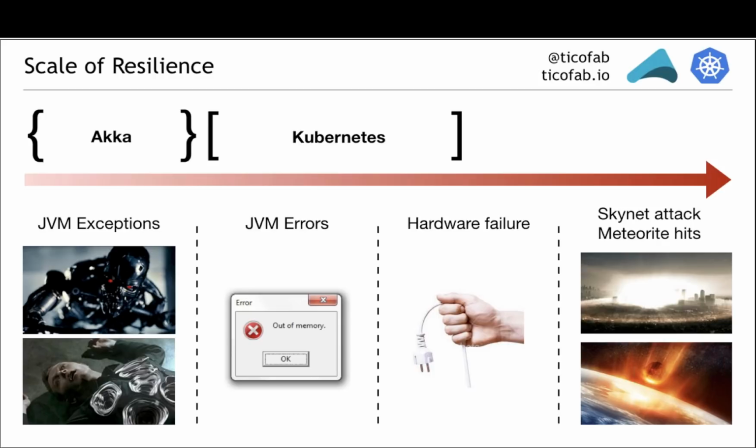But in general, for very big hardware failures or for extreme cases, when Skynet attacks, well, then it really depends on who you're delegating your services to, or in fact yourself, if you're running your own Kubernetes cluster on premise. And so this is another way that we see that Akka and Kubernetes really cooperate fantastically together.